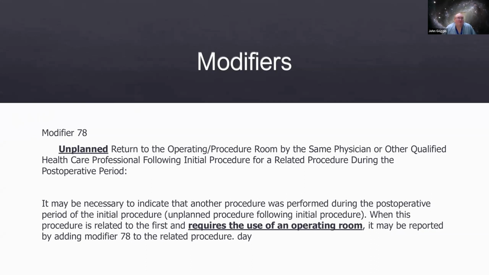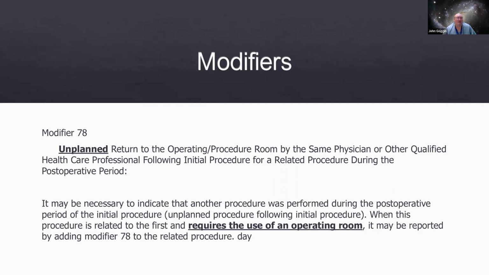So if, for instance, you did an Austin bunionectomy, capital osteotomy with screw fixation, and the patient decided on post-op day 2 that they were going to go skydiving, and came down nice and hard on that and dislocated their osteotomy, and you took them back to the operating room to fix that, that would basically be the unplanned return to the operating room.